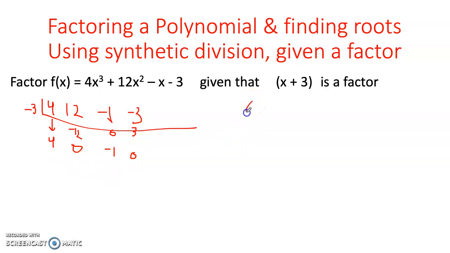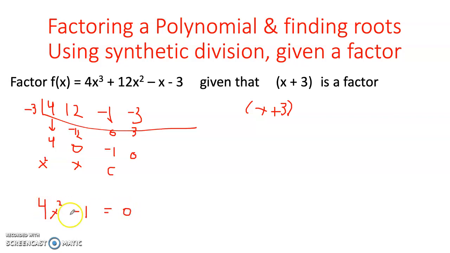So now we write our final answer. We know that x plus 3 is going to be one of the factors within my answer. And this equation is going to help me find the other factors. So remember, this is my constant. That's my x term. And this is my x squared term. So my equation is going to be 4x squared, we don't have an x, minus 1 equals 0.